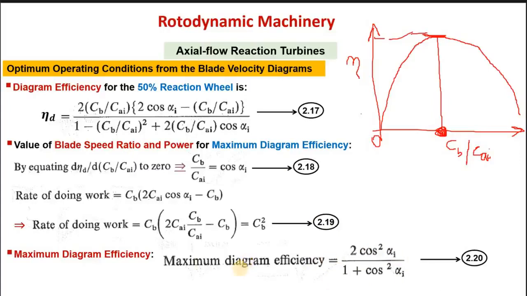In case of impulse turbine, if you remember, that maximum diagram efficiency was cos square alpha I, but in case of reaction turbine, it's more of a complex equation.